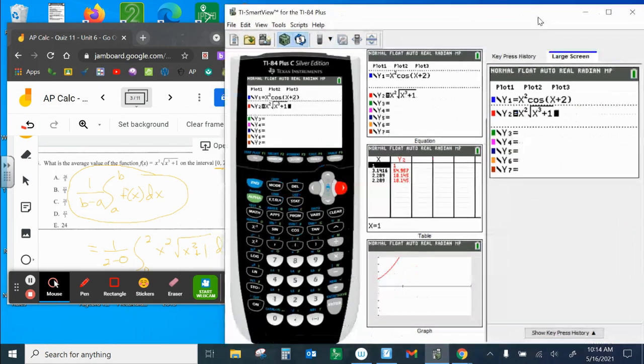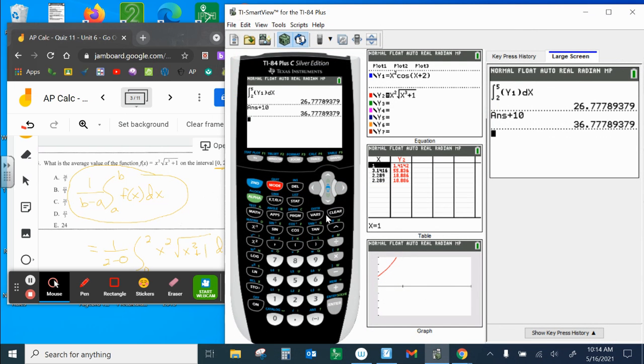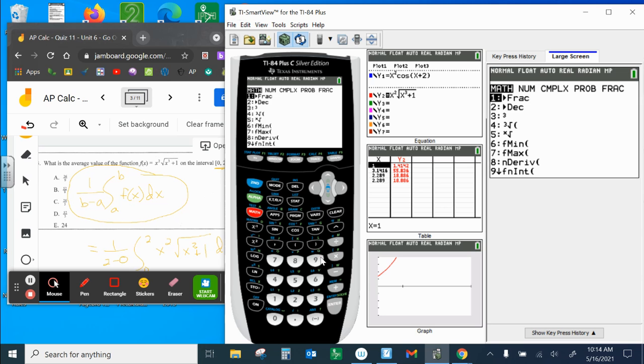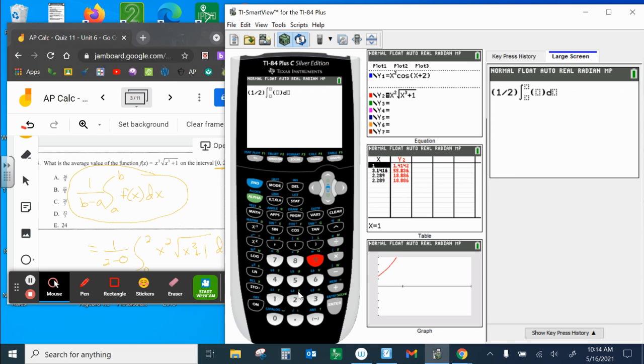Now I want to go and do the math that I said I was going to use my calculator to do. So 2 things I could do. I could multiply by the half up front, or I could do it at the end. I usually do it at the end, but that's okay. So now I'm going to do the integral, choice 9, from 0 to 2 of this x squared.